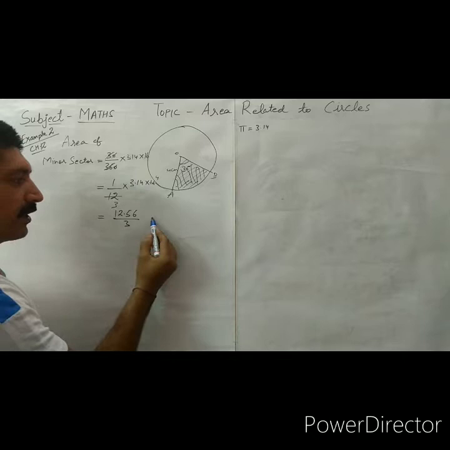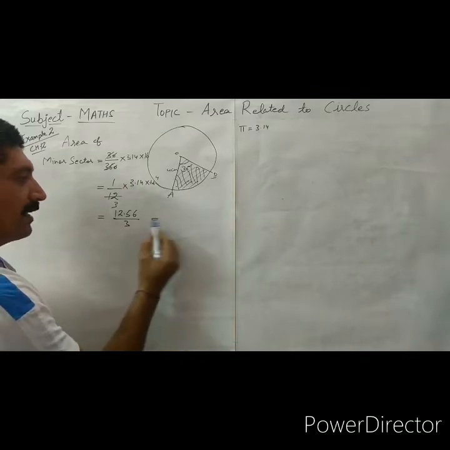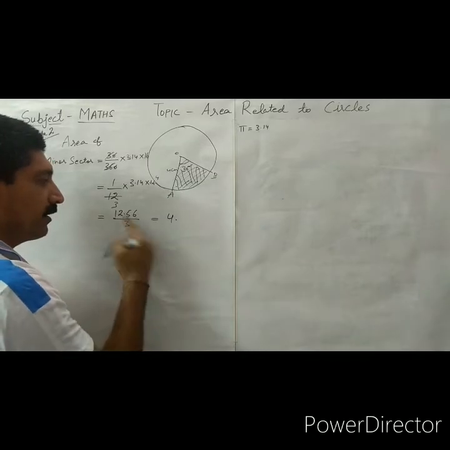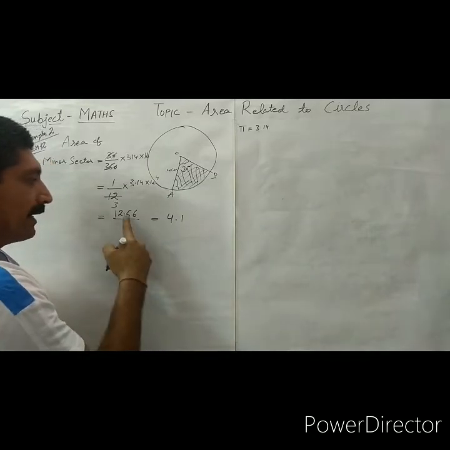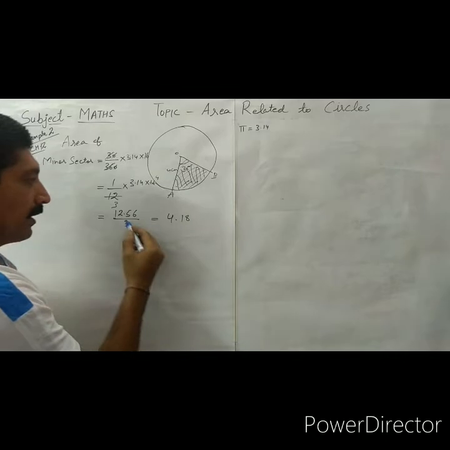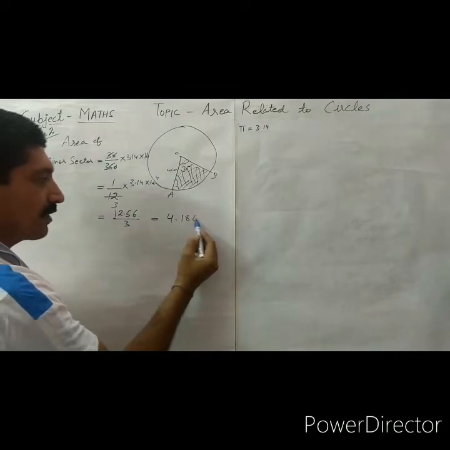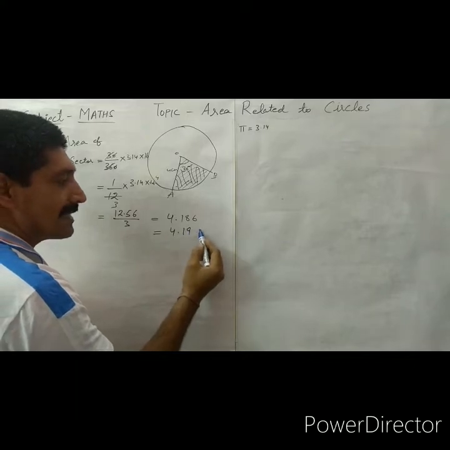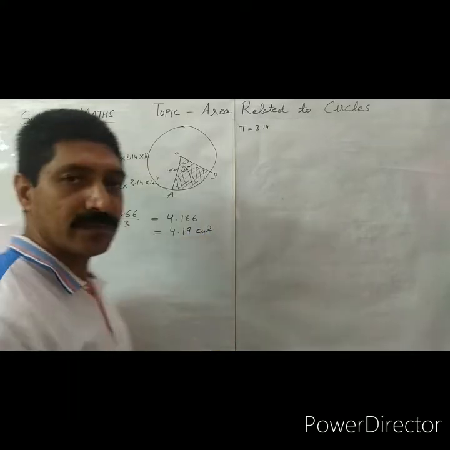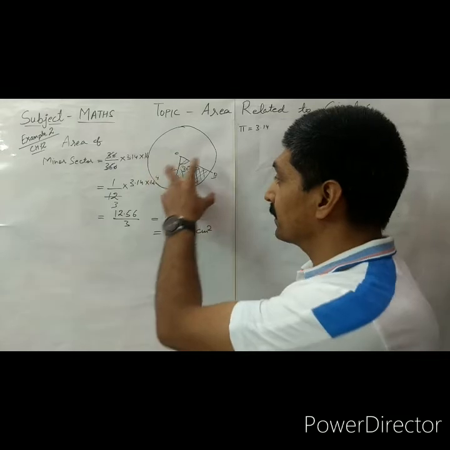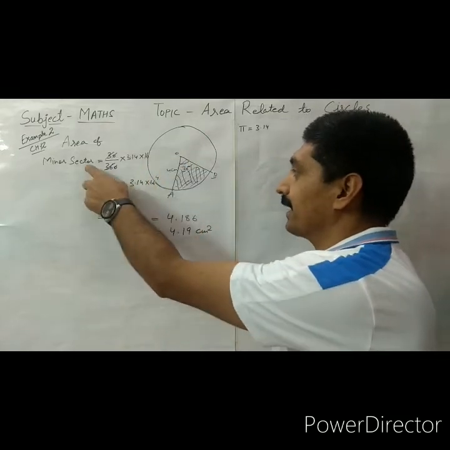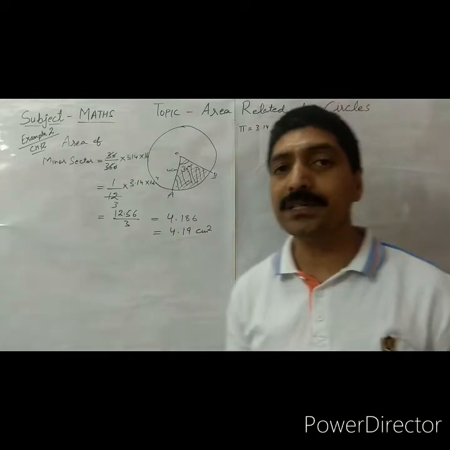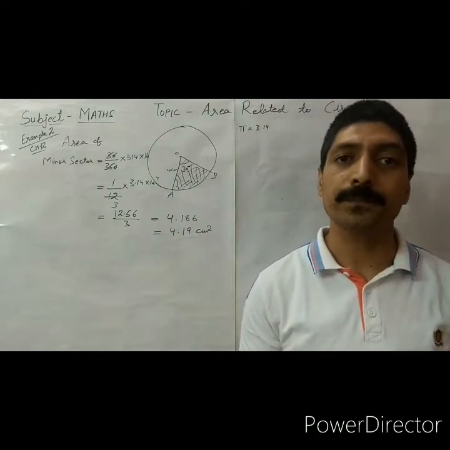If we go for the division, the area of the minor sector is approximately 4.19 centimeters square. So the area of this shaded portion, the minor sector, is 4.19 centimeters square.